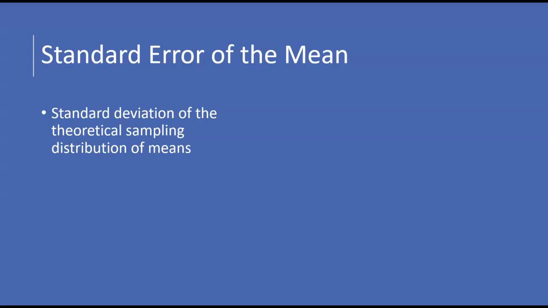And it is described in your text as theoretical. The formula, which again, we're not going to have you do calculations of these: if you take the standard deviation and divide it by the square root of n, that provides you with the standard error of the mean.